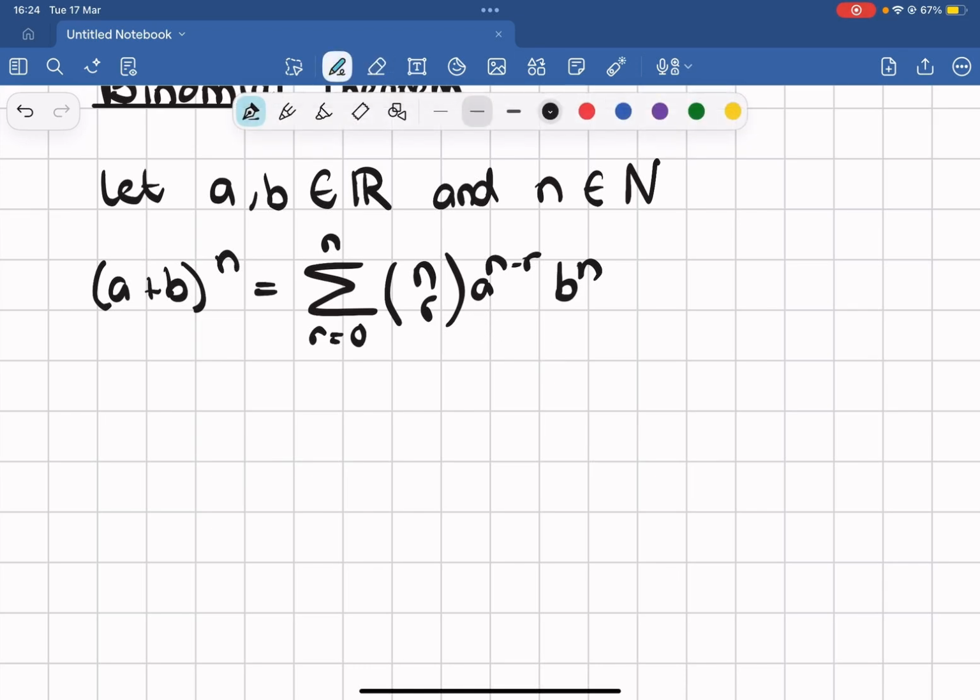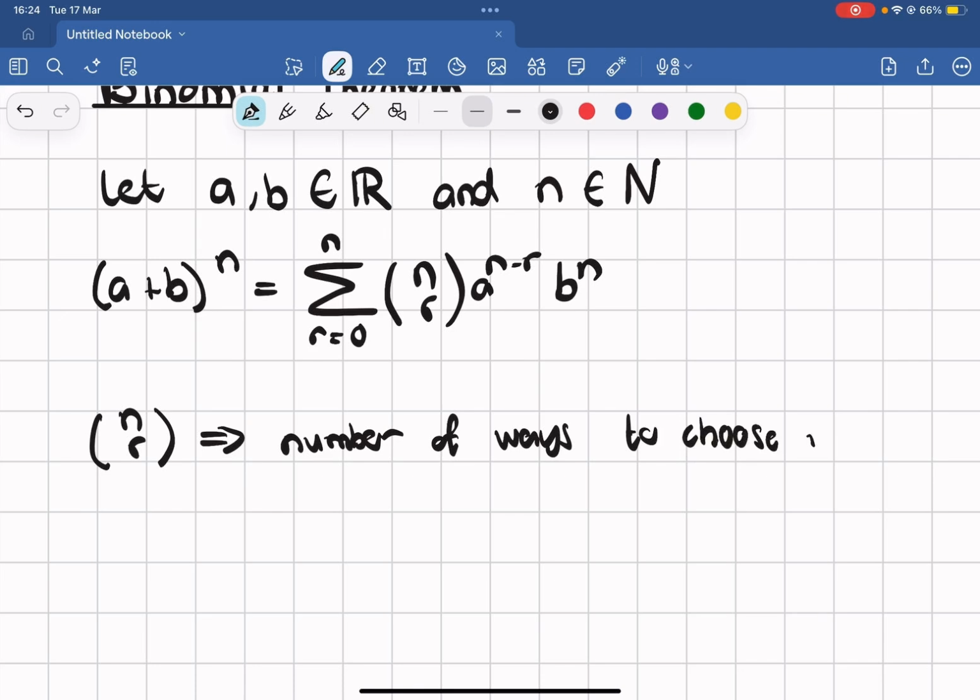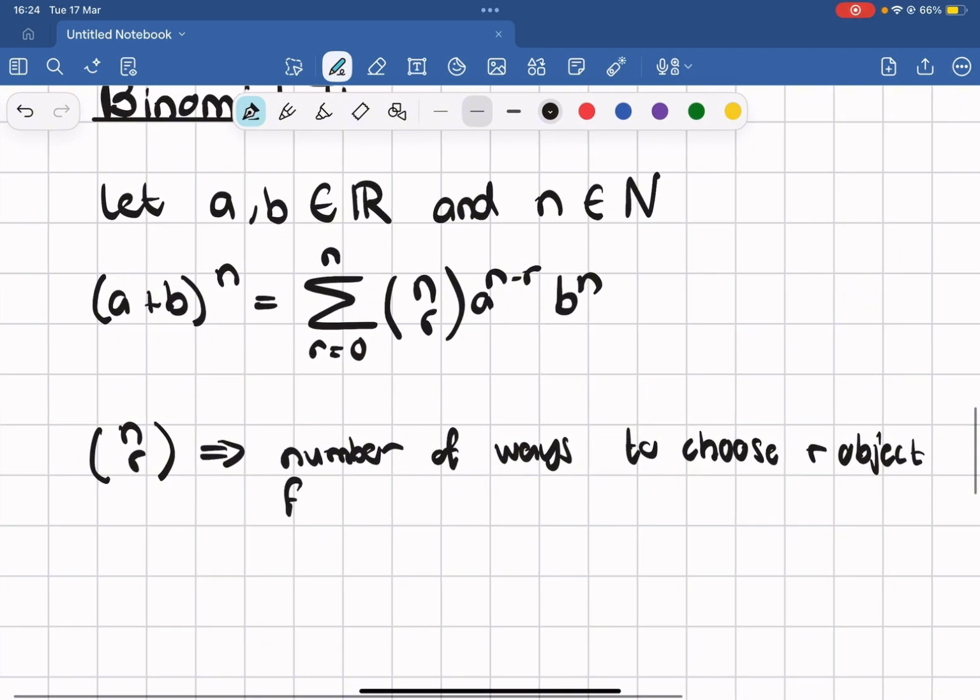So this leads us on to a question, which is, what is n choose r? Well, n choose r, we can say it's the number of ways to choose r objects from a total of n objects.